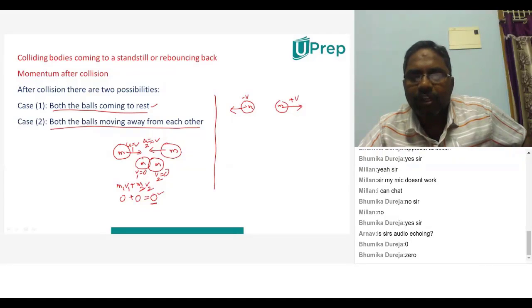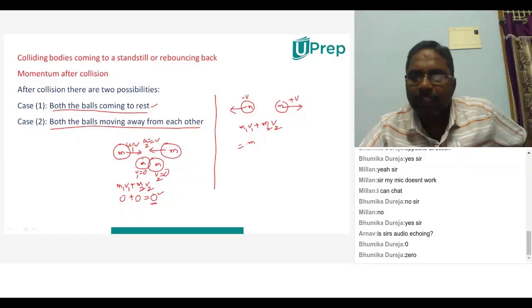When both the balls are moving away from each other with the same velocity, if I calculate the final momentum using the equation m1 v1 plus m2 v2, see here, m1 means the mass of the first object, m, and v1 means the final velocity of the first object, minus v.